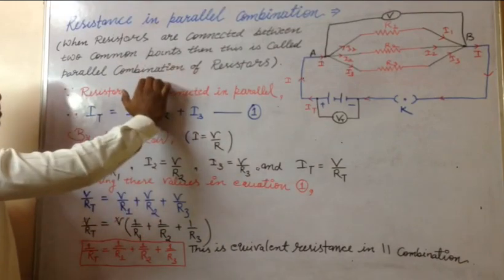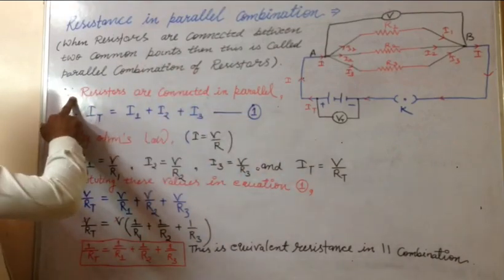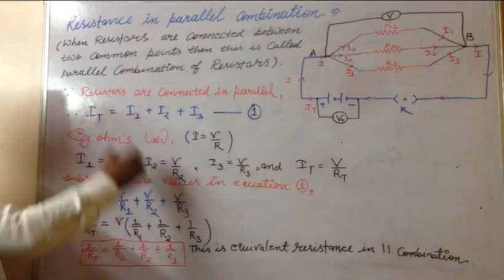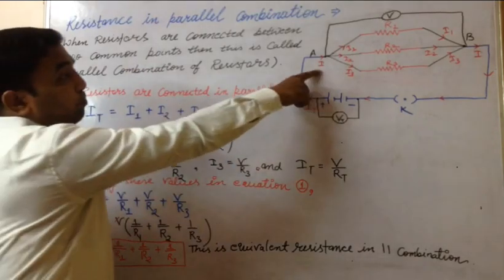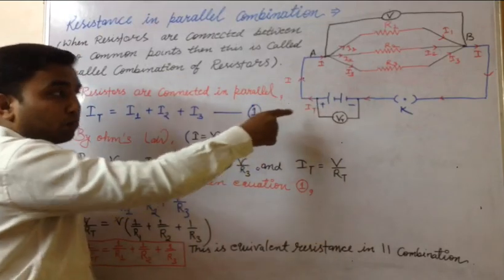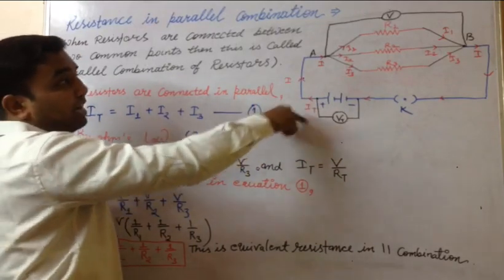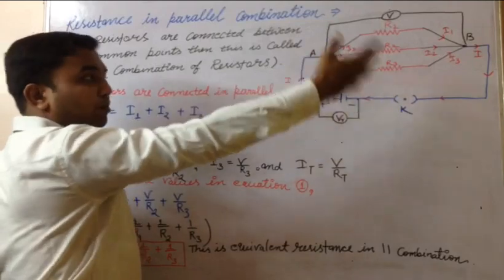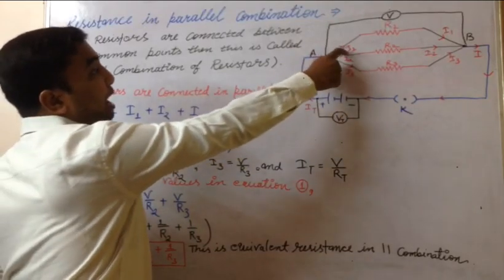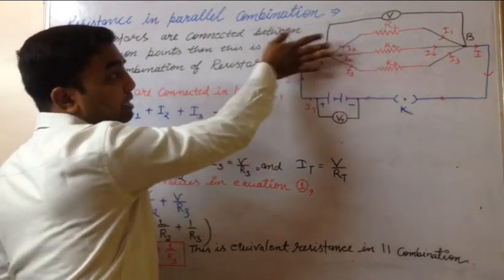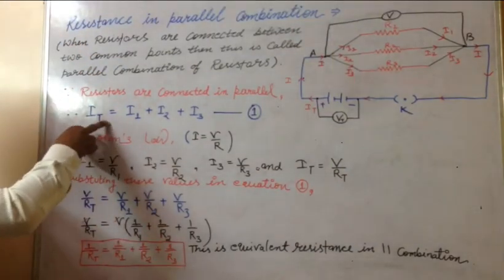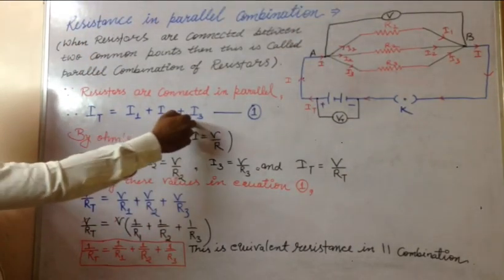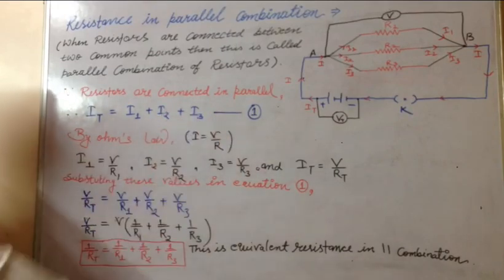This is the definition. Now second thing, how will you approach the derivation? Since resistors are connected in parallel, the total current that comes out of the positive terminal of the battery splits into different parts, I1, I2 and I3, passing through different resistors. Now you write IT equal to I1 plus I2 plus I3. You can give a name to a particular equation.